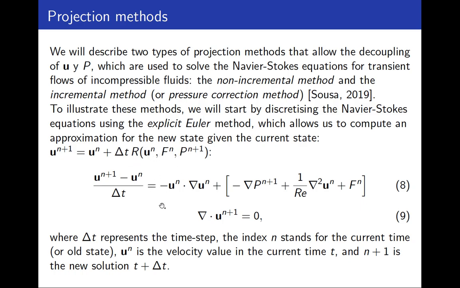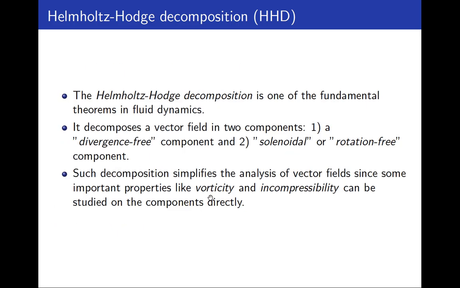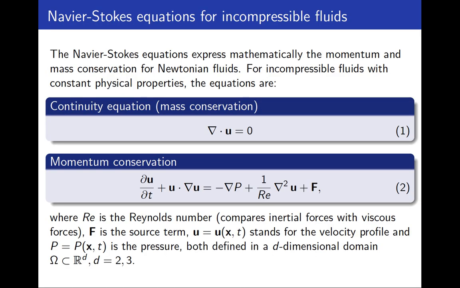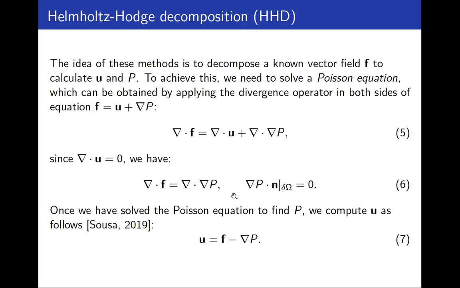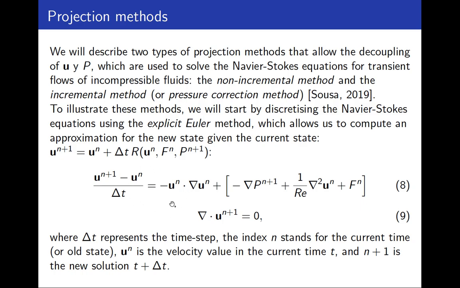That means the velocity values at the previous time step, plus the other terms from the Navier-Stokes equations. If we carried out a temporal discretization of the Navier-Stokes equations, which can be found here, equation 2, with the explicit Euler method, the temporal derivative can be expressed as just this difference.